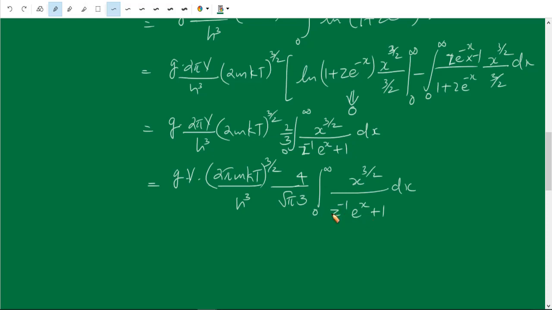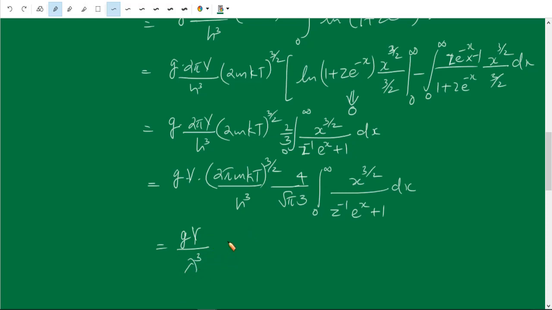Here h by root 2 pi m k T is the thermal de Broglie wavelength, therefore I can write gV divided by lambda cube.